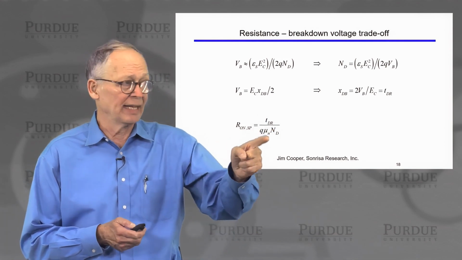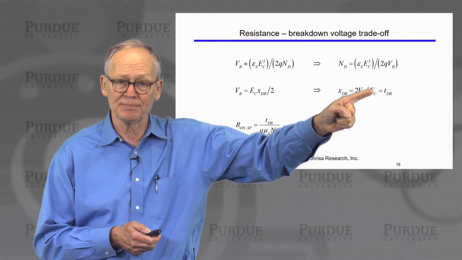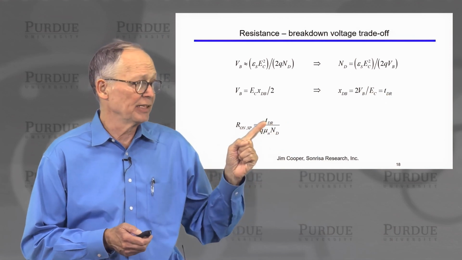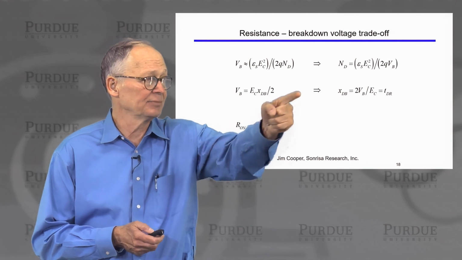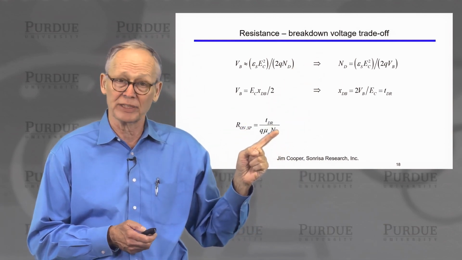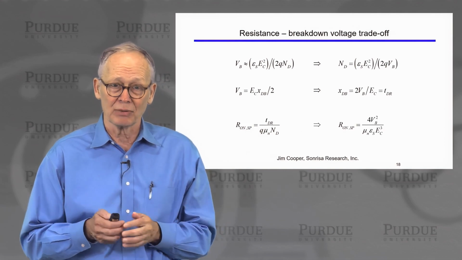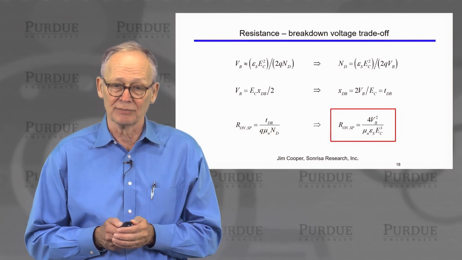So we're now assuming that this depletion region is the thickness of the drift region. We can solve for the thickness of the drift region and insert it in our resistance formula. We know the doping density in terms of the breakdown field and the breakdown voltage, so we can use that here. And we get a simple and very powerful expression for the on resistance as a function of breakdown voltage.